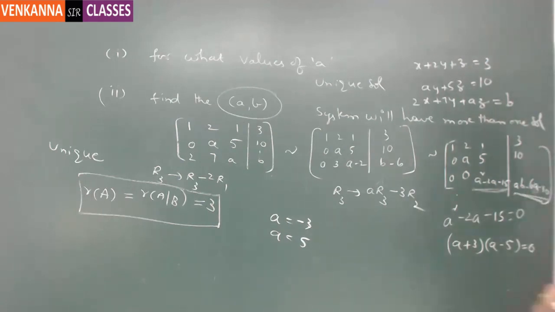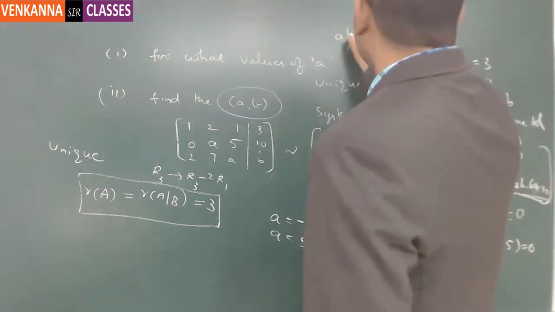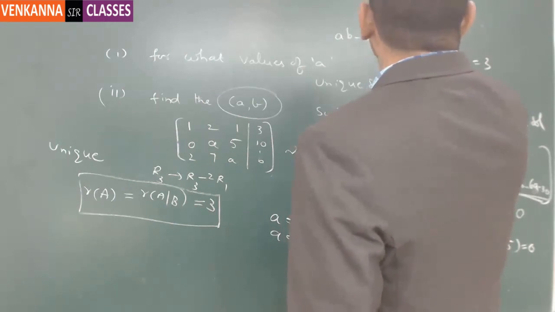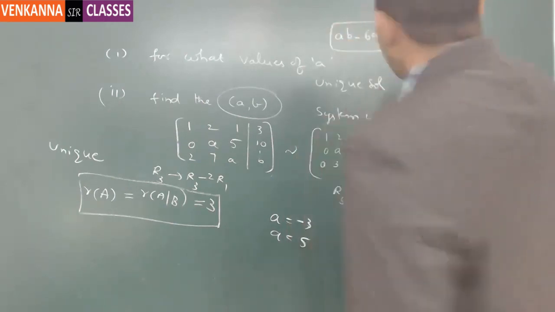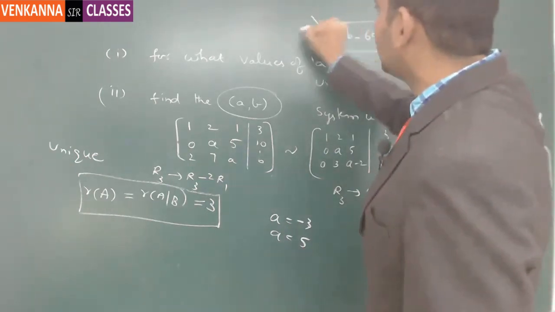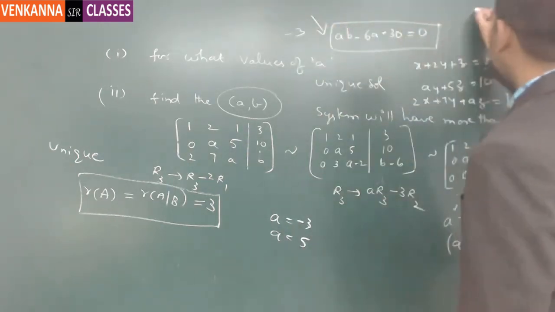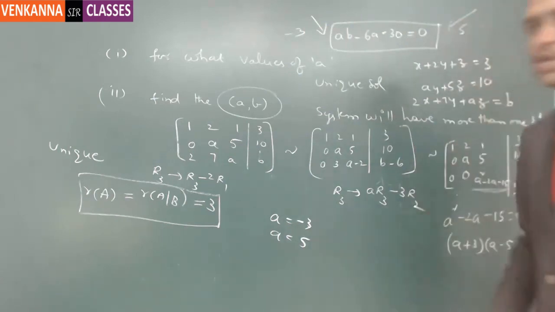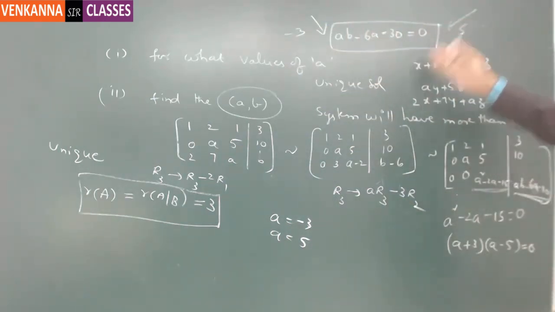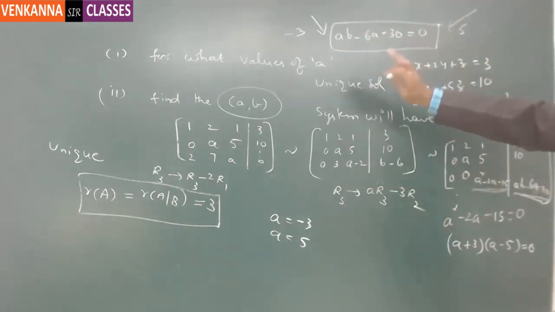So if we make ab - 6a - 30 equal to 0, you have already known two values of a. One value is -3, another value is 5. If you substitute -3, what is the value of b? If you substitute 5, what is the value of b?